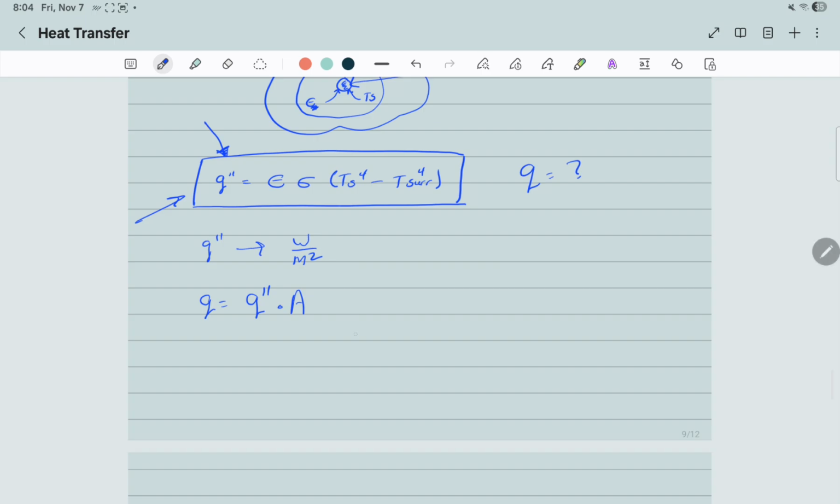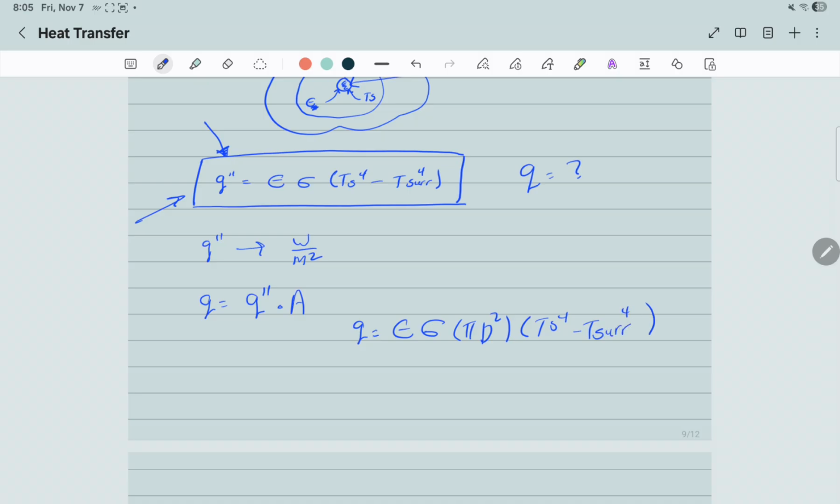Therefore, Q equals emissivity times Stefan-Boltzmann's constant times area of a sphere, which is pi d squared. Let me double check that. Pi d squared. Yeah, that's correct. Pi d squared times T_S to the fourth minus T surrounding to the power of 4.